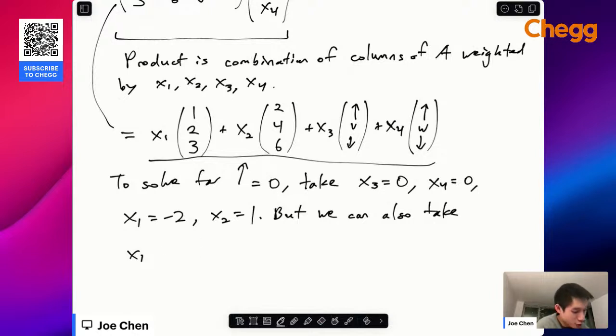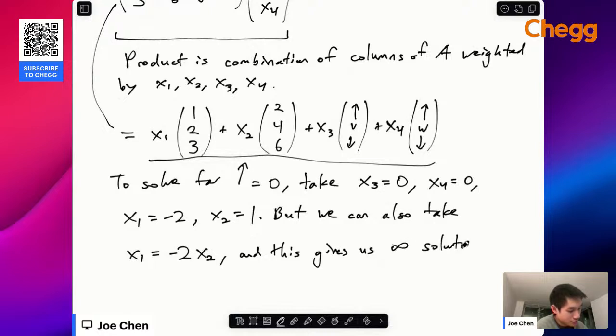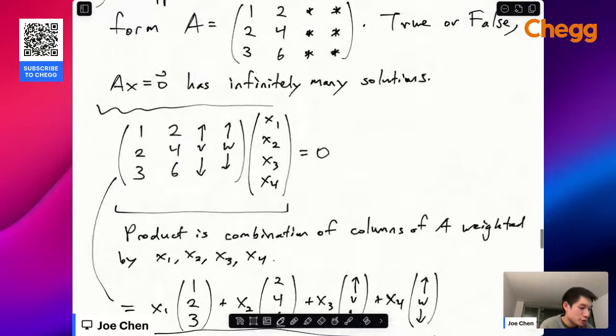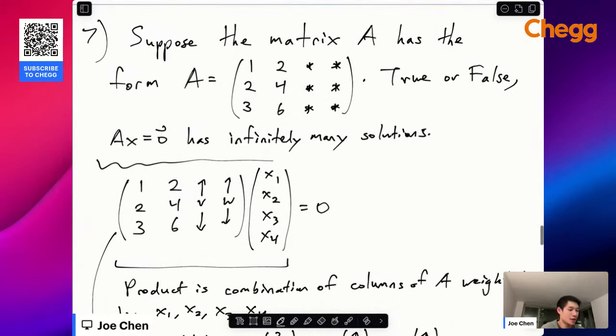We can always take x1 to be equal to minus 2 times x2. And this gives us infinite solutions. And so the answer here is true.